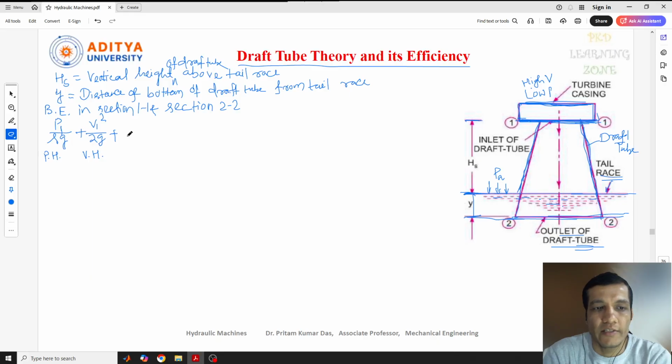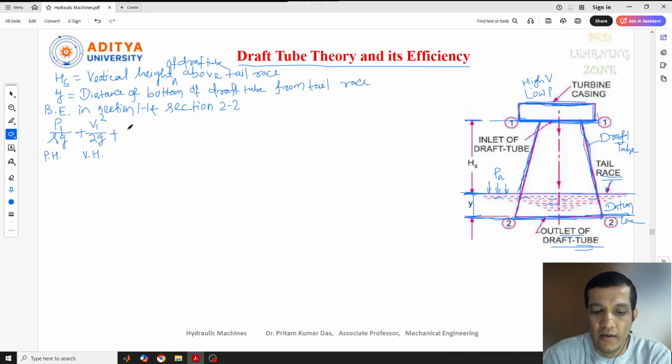Similarly, Z1 is, we know, the potential head. Z1 is nothing but the distance from the datum line. So here let's consider the outlet of the draft tube as the datum line. From the datum line to the inlet of the draft tube, how much distance is there? That is the datum head.